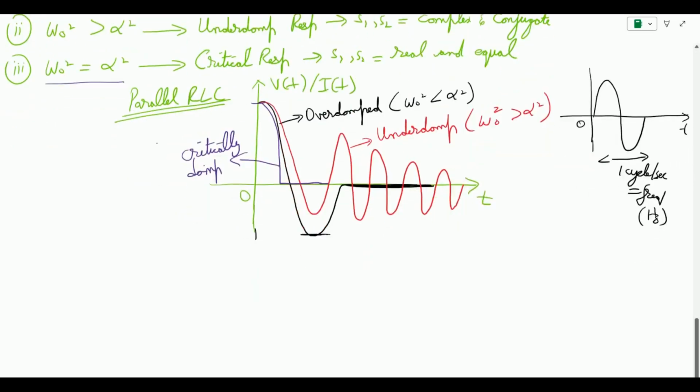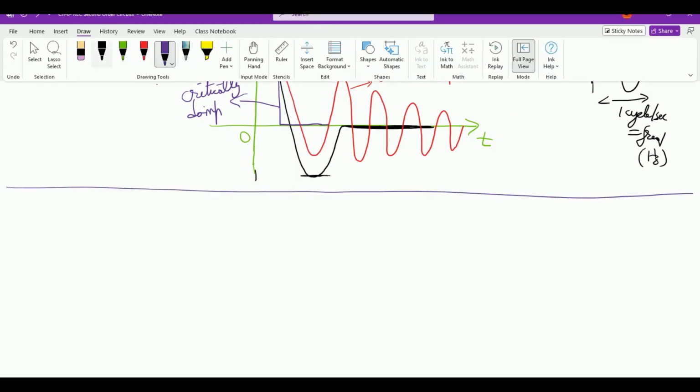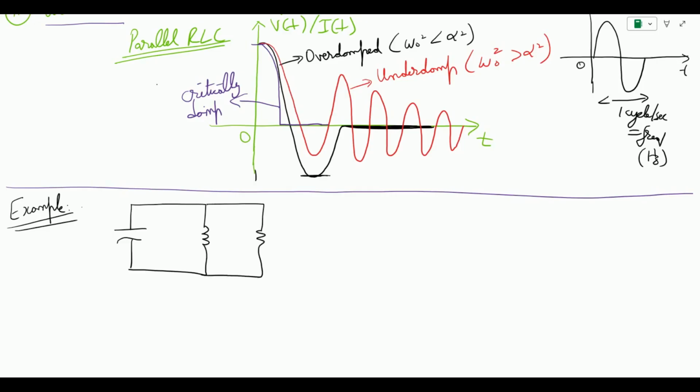Let us look at an example and see how we can find the roots of these equations. Let us say we have a simple natural response of a circuit with a capacitor, inductor, and a resistor.